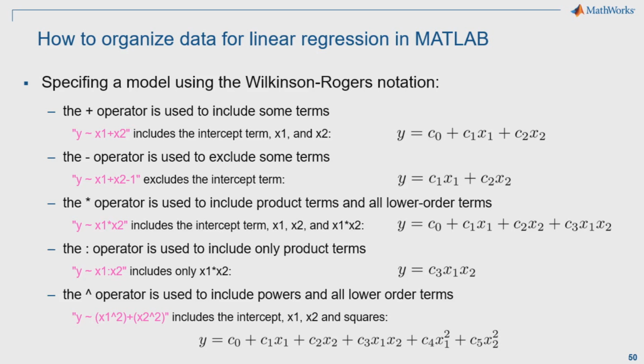For example, the plus operator is used to keep all the terms from x1 and x2, the predictors x1, x2, and also a bias. And there are others. You can also use, for instance, the minus operator to remove some predictors, and so on.